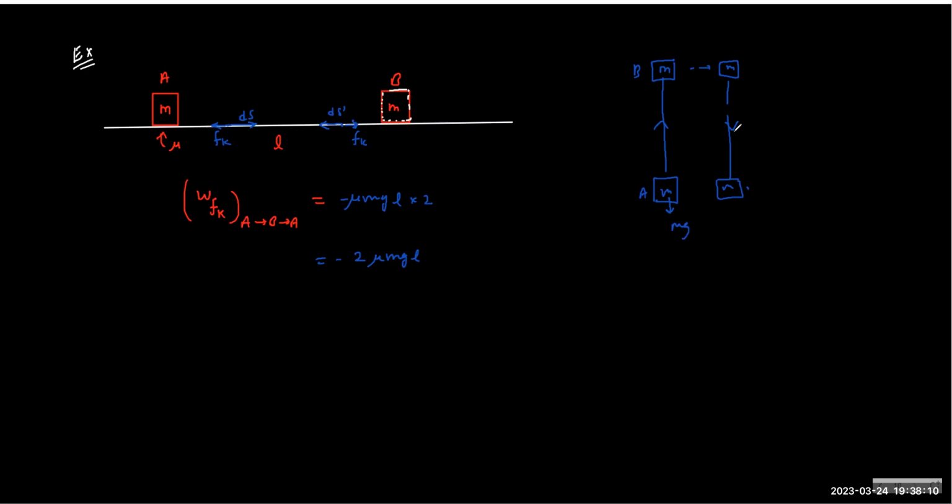So when you go up, the work done by gravity is positive or negative? Negative. So the answer is minus mgh. But while coming down, the work done is positive or negative? Positive. So in a round trip journey, the answer is 0. So the work done by gravity in a round trip is always zero.